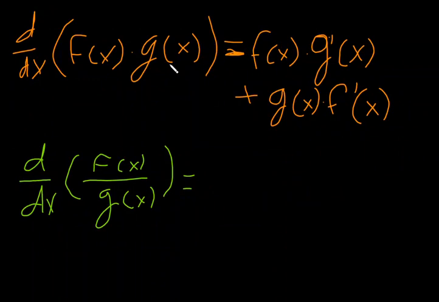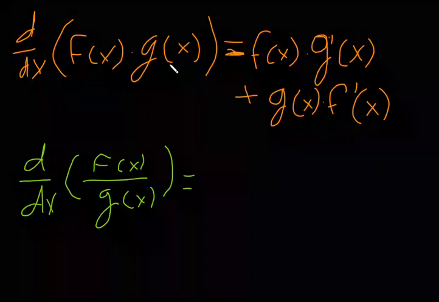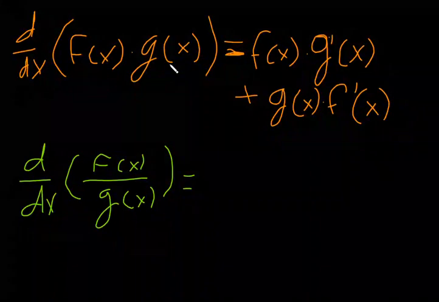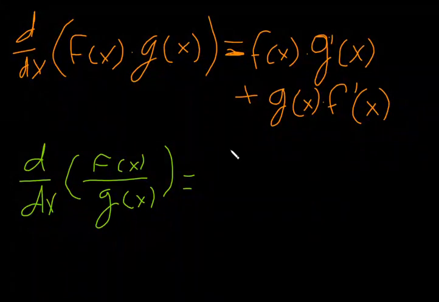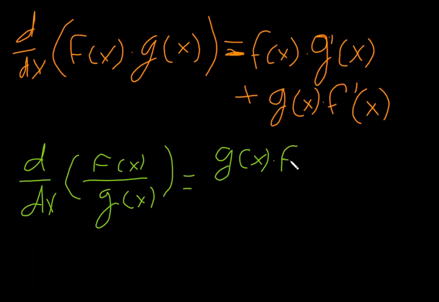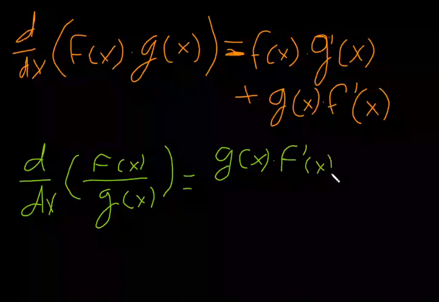And so the mnemonic that I learned is low d high minus high d low over low squared. And so what that means, we have low, the first, the bottom function, g of x. So low d high, so low times the derivative of the upper function, the numerator. So g of x times f prime of x.